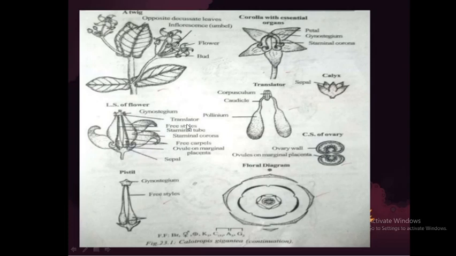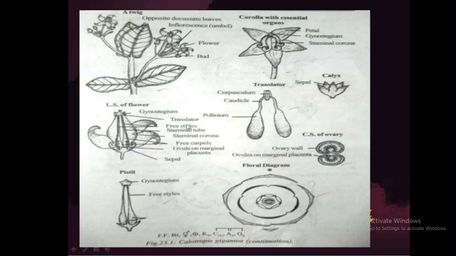The pollinia of adjacent anther lobes are united in pairs by caudicles of various shapes to a gland which is called corpusculum, which lies on the stigma. The short filaments are ornamented with nectariferous corona, which varies in form in different genera. Example, Calotropis.